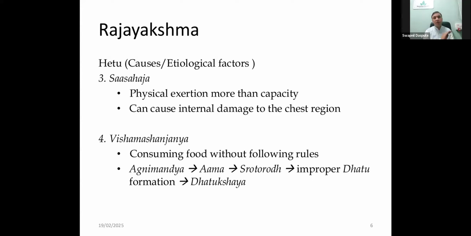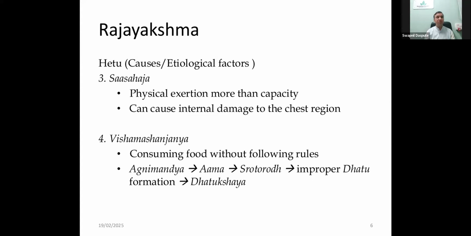But here we are looking at that particular condition from the Ayurveda perspective. So we are relating it to the kshaya, depletion of dhatus in the body.